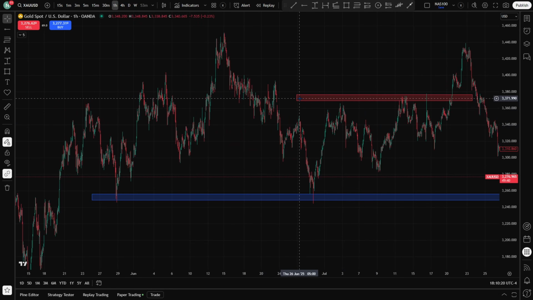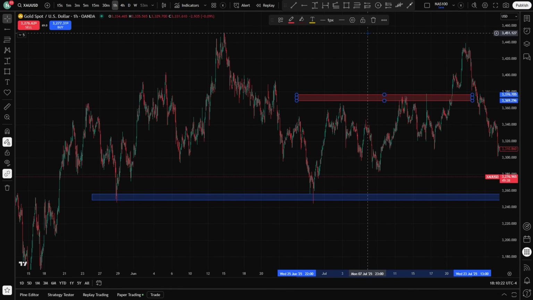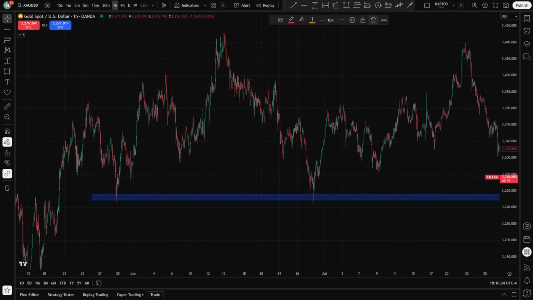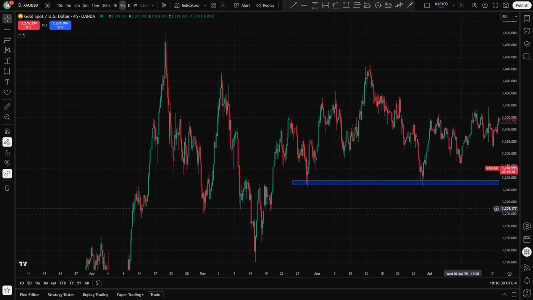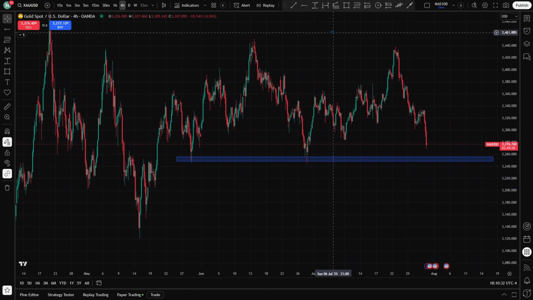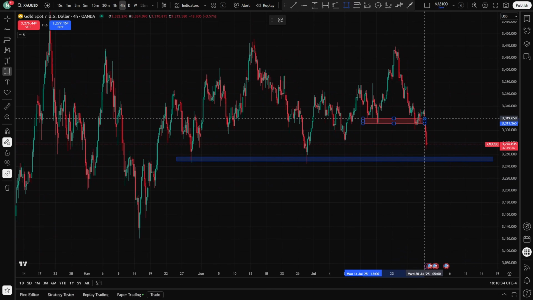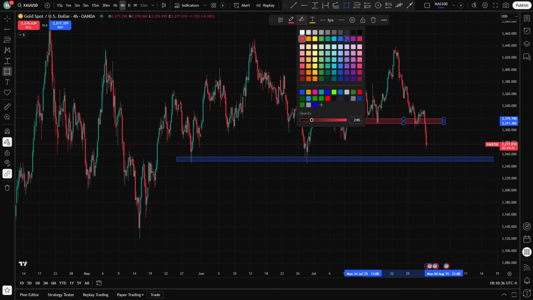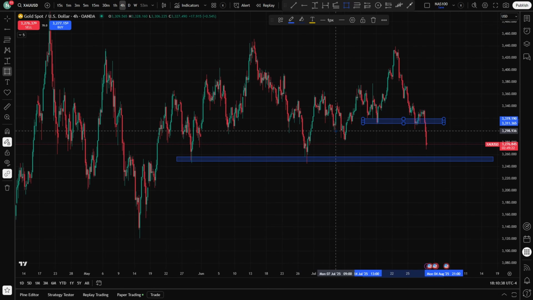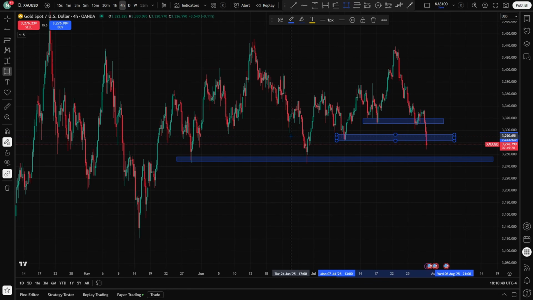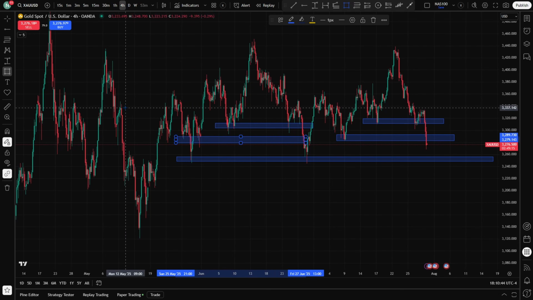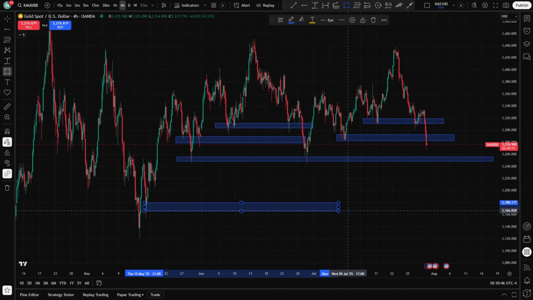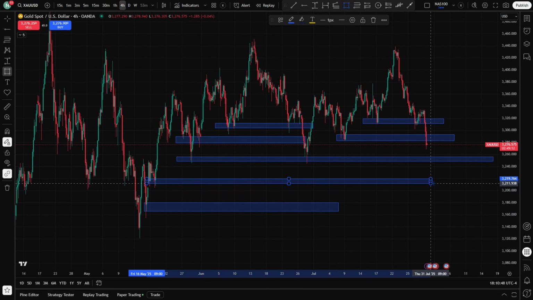But I just want to show you guys how to draw out these areas and the significance of drawing out pure support areas. First time traders, when they're first drawing out their tools, they're like, oh, I see support here, I see support here, I see support here, and they have just a bunch of zones on their charts, right?